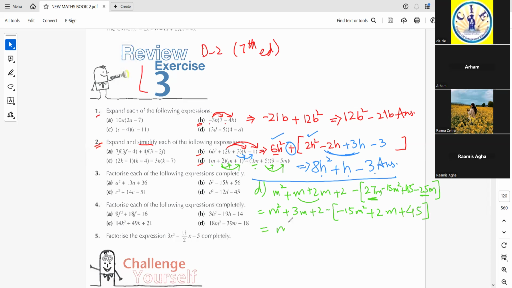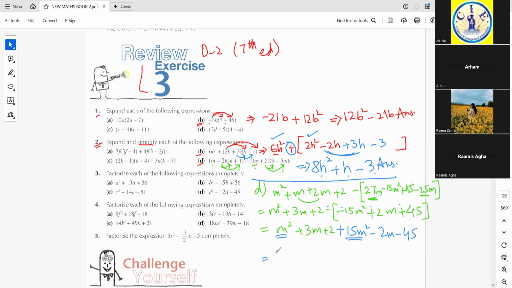Now we can open this bracket. When I'm opening the bracket, you need to be cautious that this negative got multiplied with this negative to have positive 15m square, negative times positive negative 2m, and then negative times this positive sign, this is again negative 45. Now the like terms are these two.